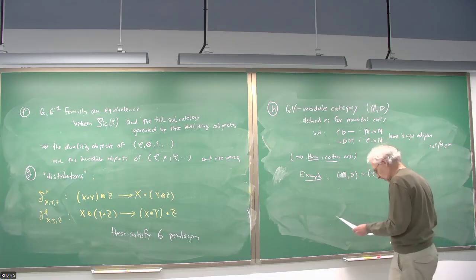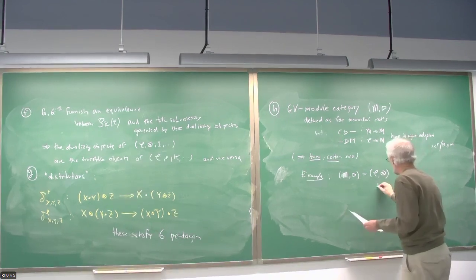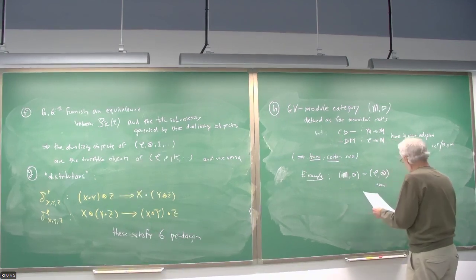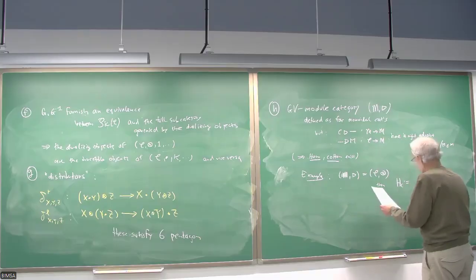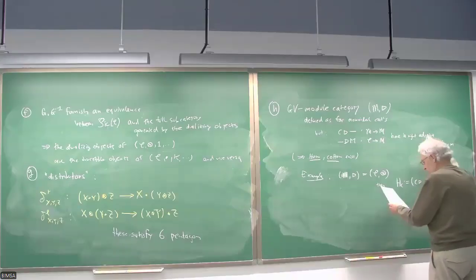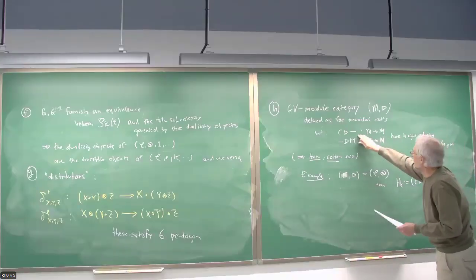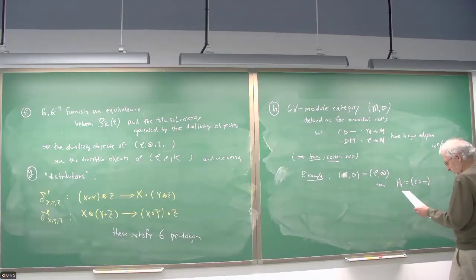And in this case, the functor, which I will denote by H_C, is just the right adjoint of the action functor here, which by definition has to exist.